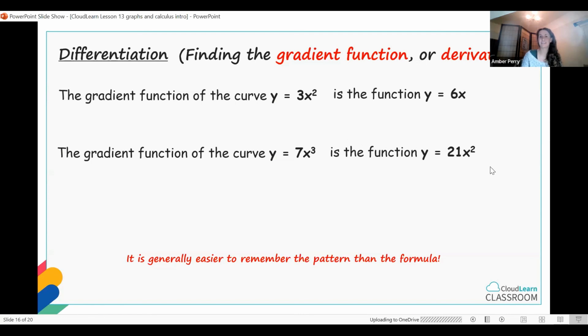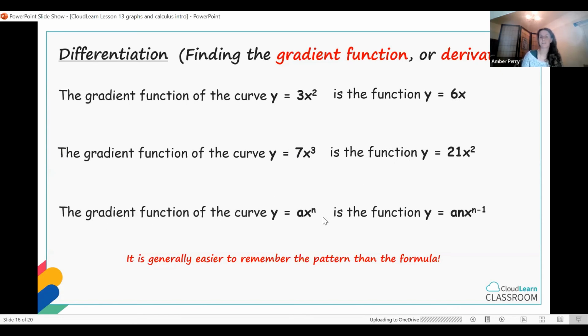Hopefully you can see a pattern emerging of how we're getting these numbers. 3 times 2 is 6. 7 times 3 is 21, okay? And then the x squared, the power reduces by 1. And as long as you remember those two things, you can differentiate any kind of term like this.